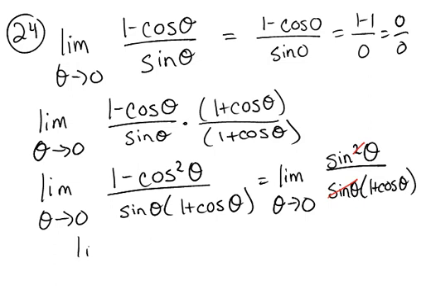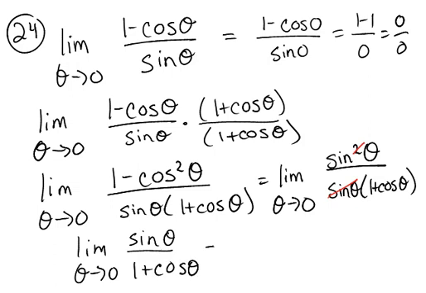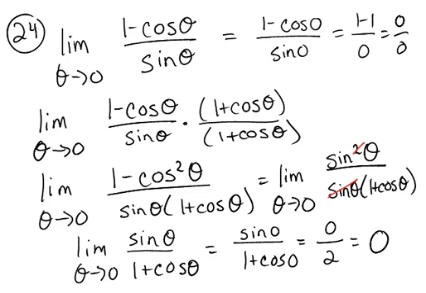And so you'll have the limit as theta goes to 0 of sine theta over (1 plus cosine theta). Now when you plug 0 in here, the sine of 0 over 1 plus the cosine of 0, the sine of 0 is 0 over 1 plus 1, which is 2, so you do in fact just get 0.